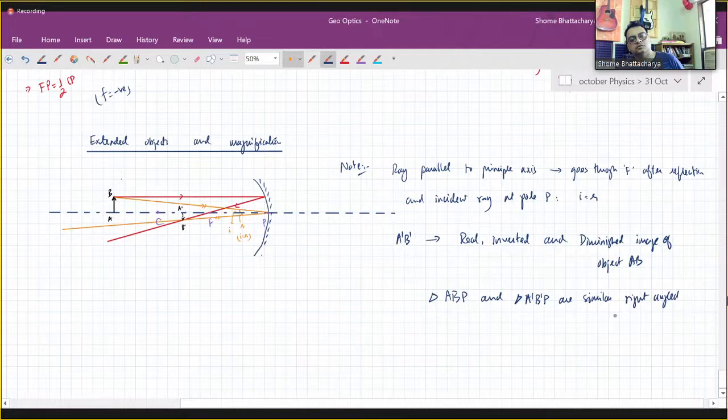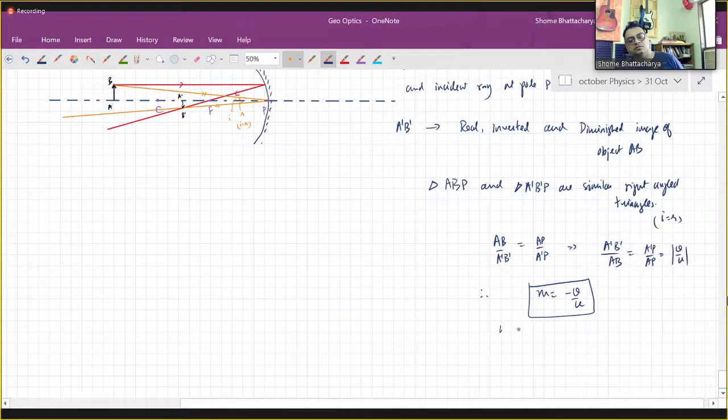Because angle of incidence is equal to angle of reflection. So this is a magnification formula with sign convention such that magnification is positive means it is upright, and magnification is negative means that it is inverted.